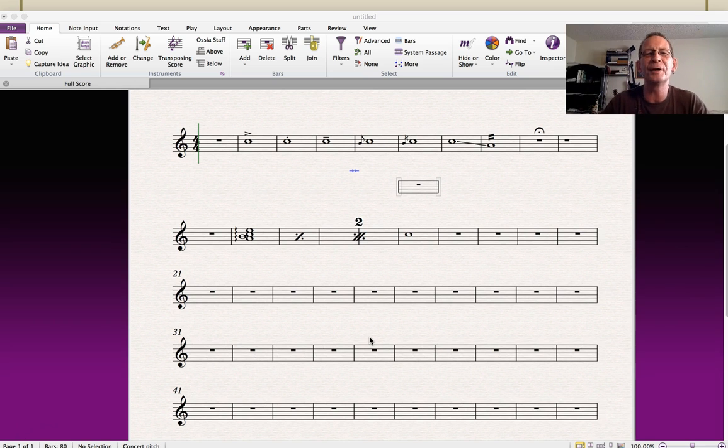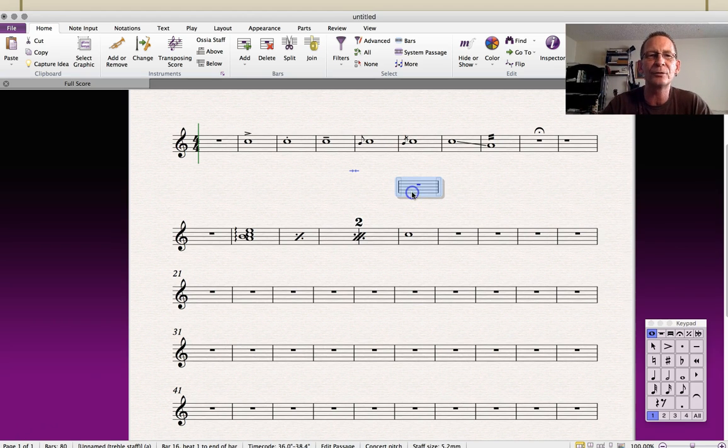Alright, one of the first things that you'll be looking at is an extra staff. That's this right here. That can be used for a whole lot of different things, but normally your software is going to write lines up above wherever it needs. If you're composing and you go up above, it'll automatically create lines up there for you.